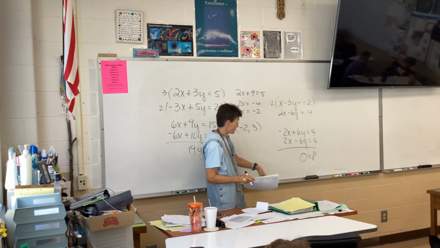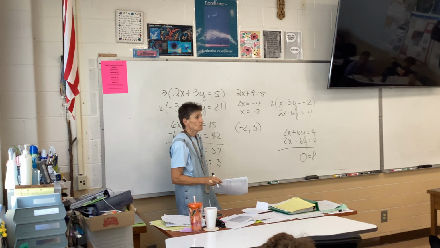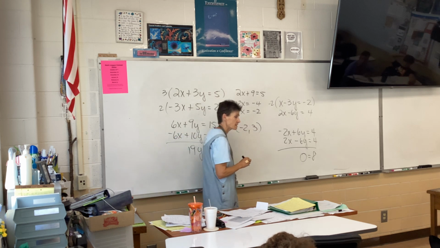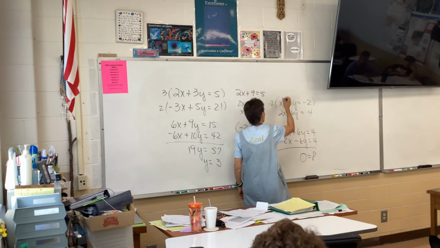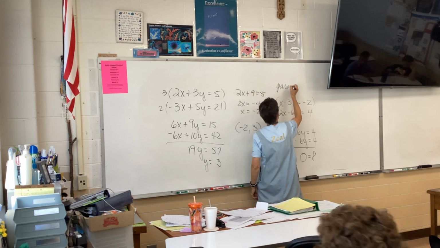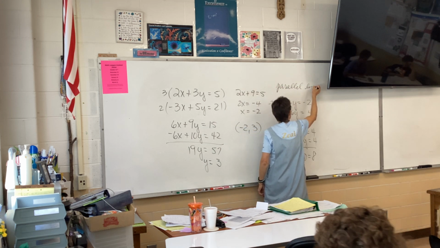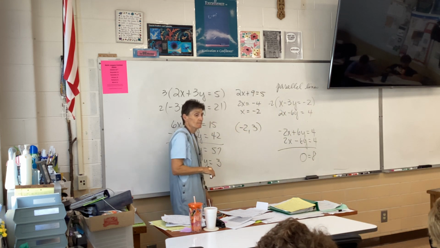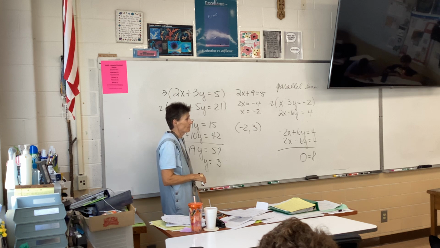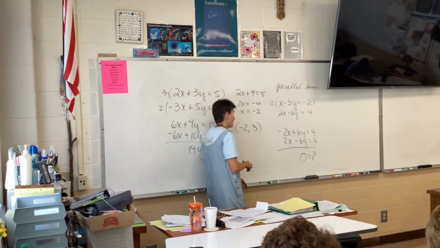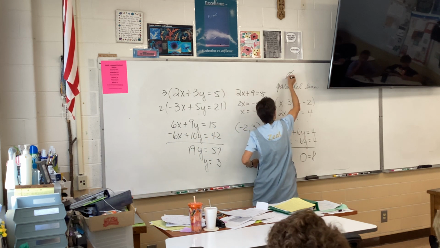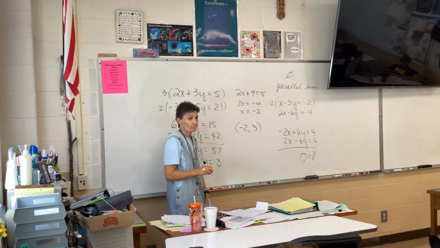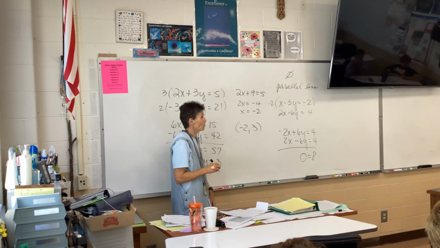I got 0 equals 8. What does that mean? It means they don't cross, which means these two lines must be parallel lines. These are lines in standard form. We have parallel lines, so our solution is none. Parallel lines don't cross.